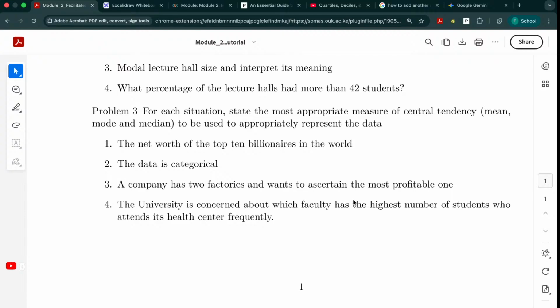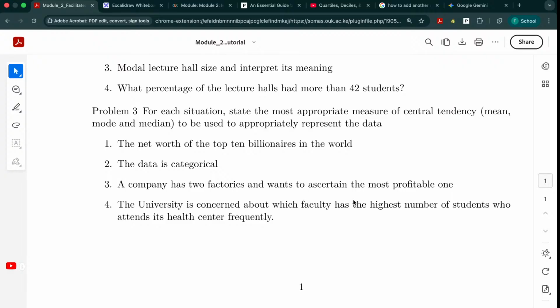Problem 3. We are told for each situation, state the most appropriate measure of central tendency, mean, mode, or median, to be used to appropriately represent the data.